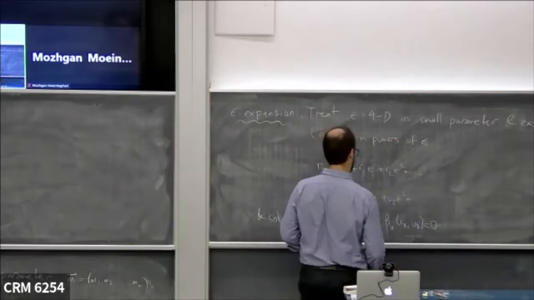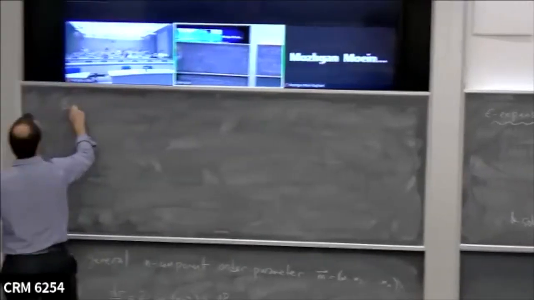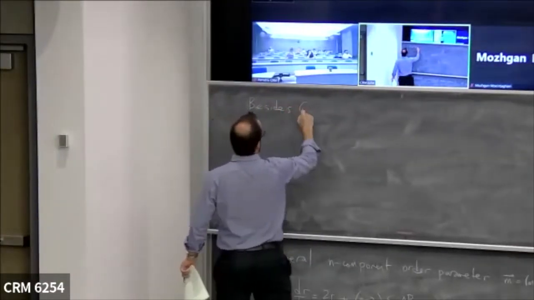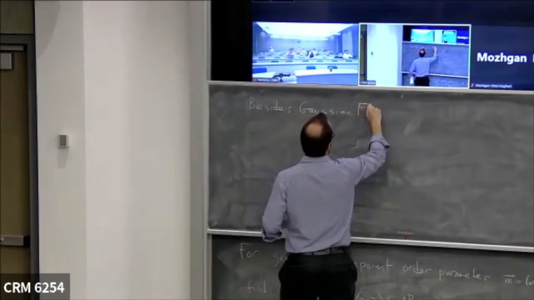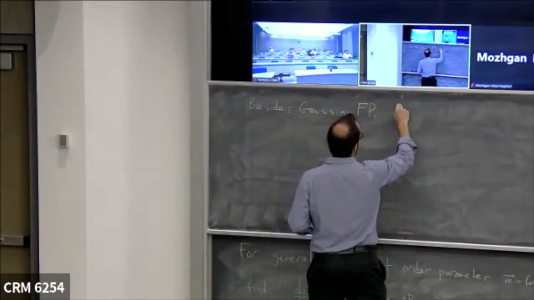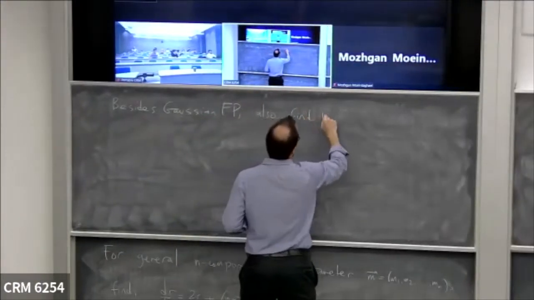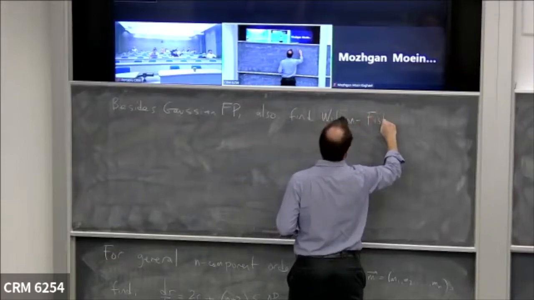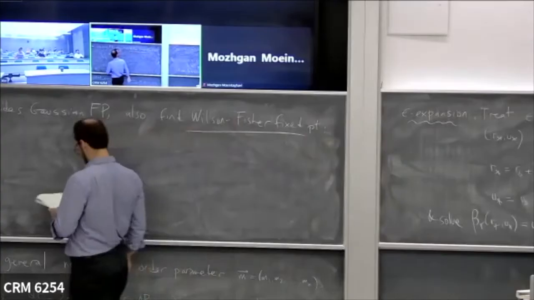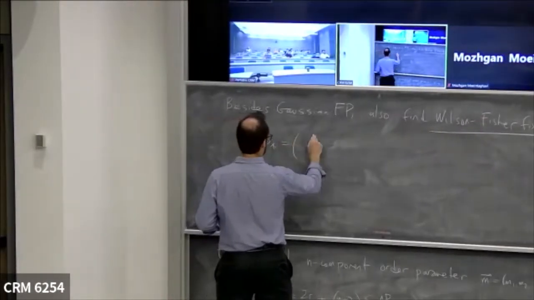Order by order. And so what we find is that besides the Gaussian fixed point, Wilson and Fisher found a new non-trivial fixed point near 4 dimensions, u star equals epsilon over (n plus 8) times 6, roughly.